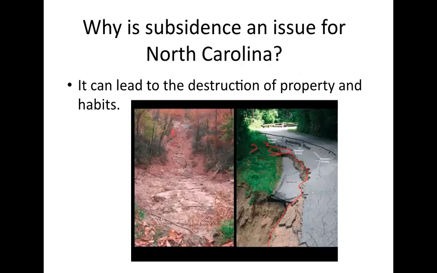So why is subsidence an issue for North Carolina? It can lead to destruction of property and habitats. Like we saw last time when we did earthquakes and we talked about landslides, this is what happens to the roads.